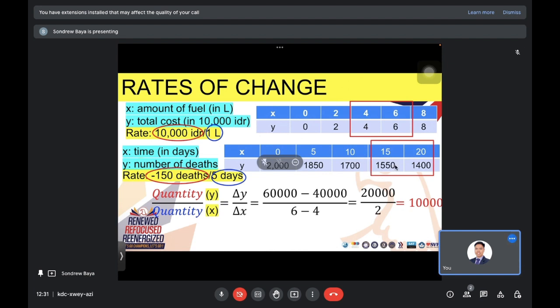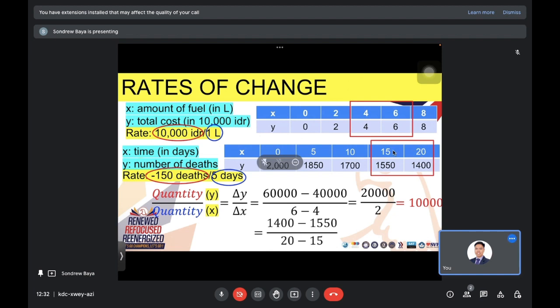And we wanted to know how this changed based on the change in the x as well, from 15 days to 20 days. So using the same method that we have here, it's like 1,400, the current, take note it should be current minus the previous 1,550. And this happened in a span of 5 days, which is calculated by subtracting 20 days by 15 days.